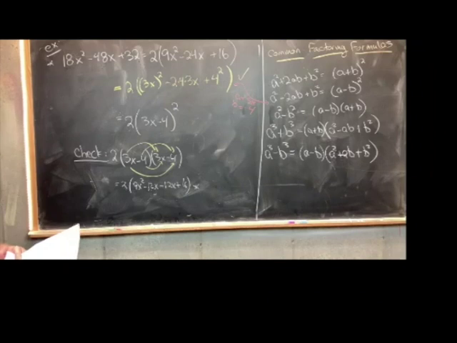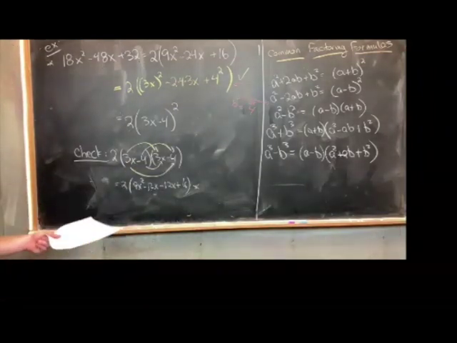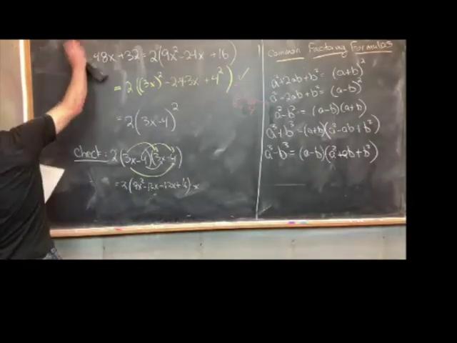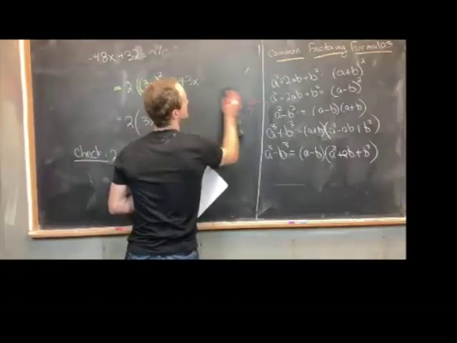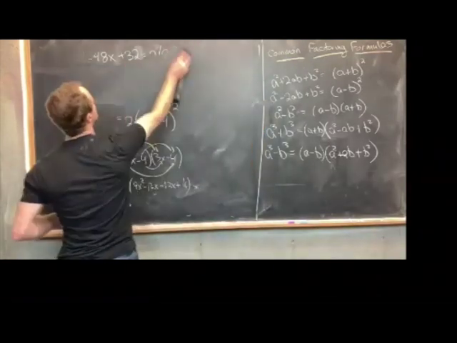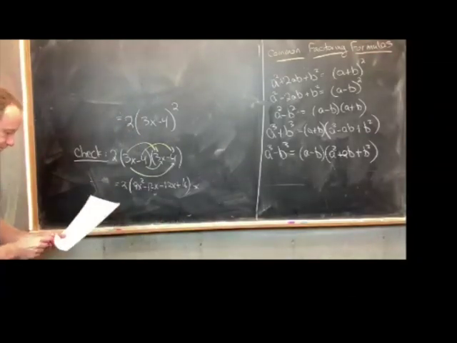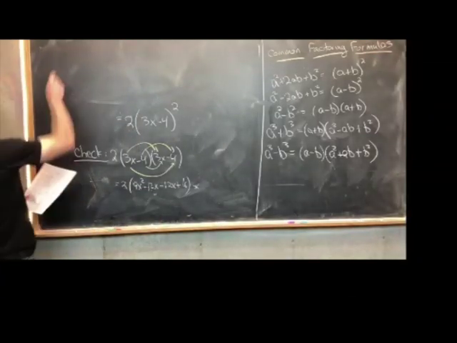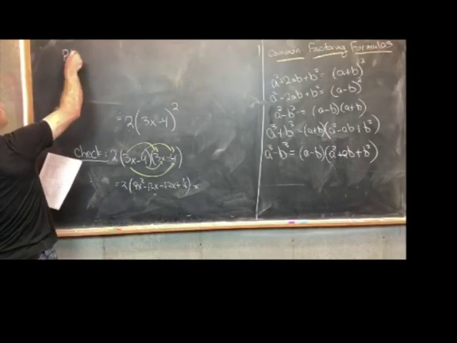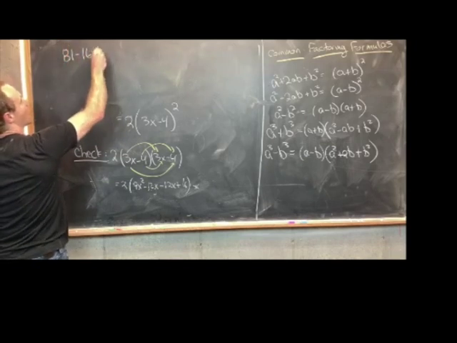Okay, so I want to leave up those common factoring formulas, so I'm going to go ahead and erase this. All right, so let's see, another one, maybe 81 minus 16y to the 4th.